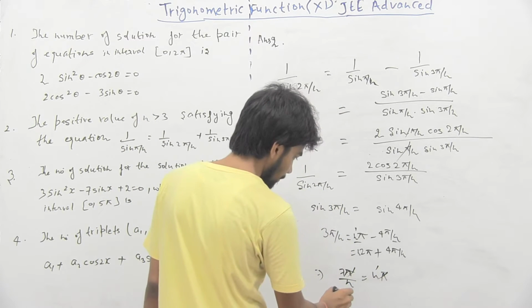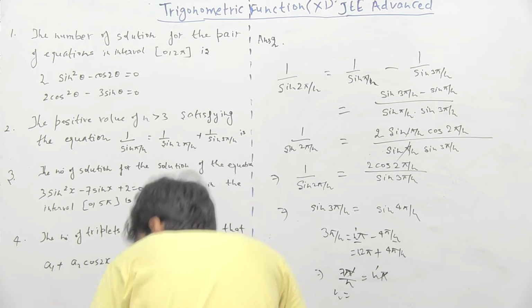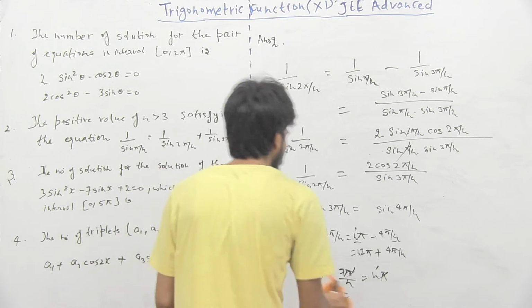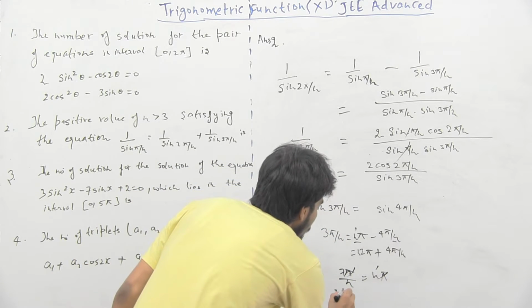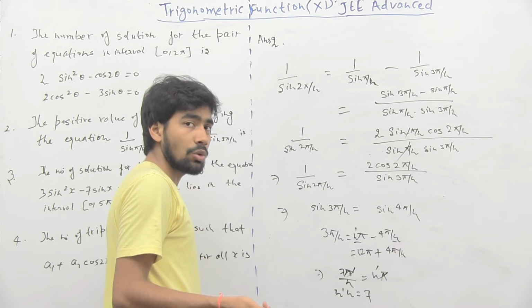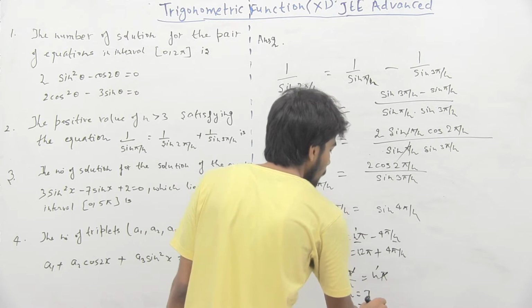So n equal to 7 and n dash has value 1, 2, 3, 4 or anything. So n can be 7.